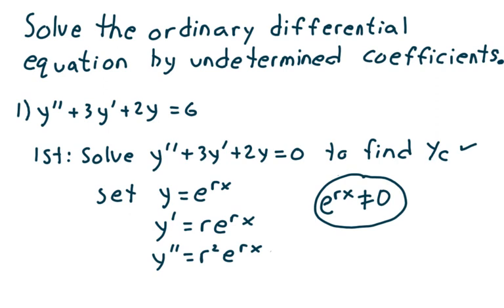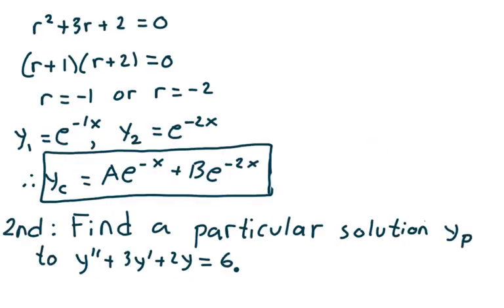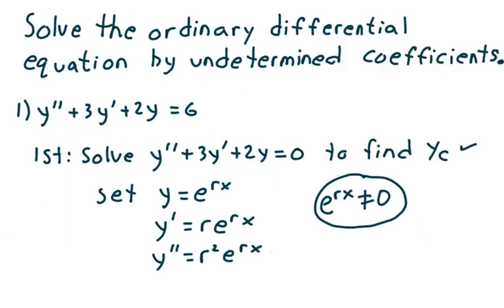So when I make my substitution and divide through by e to the rx, we get r squared plus 3r plus 2 equals 0. So r plus 1 times r plus 2 equals 0, r equals -1, or r equals -2. Remember the goal, when we solve this associated homogeneous differential equation, we are looking for two linearly independent solutions first.